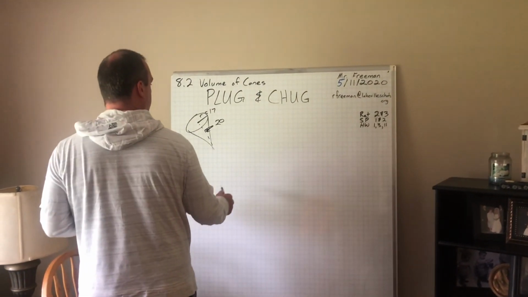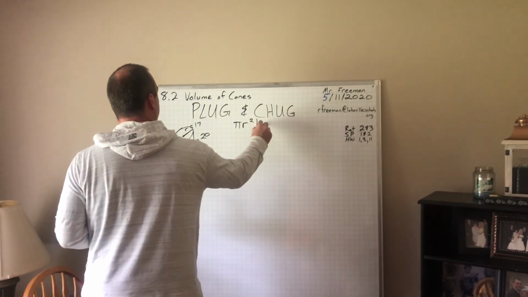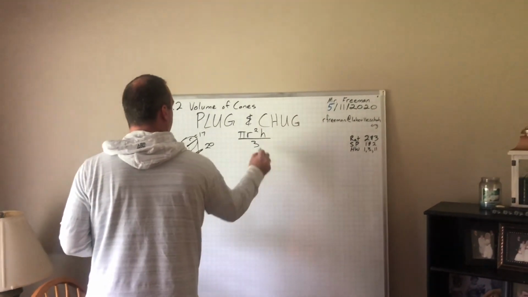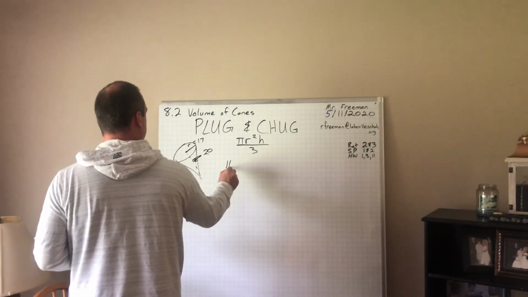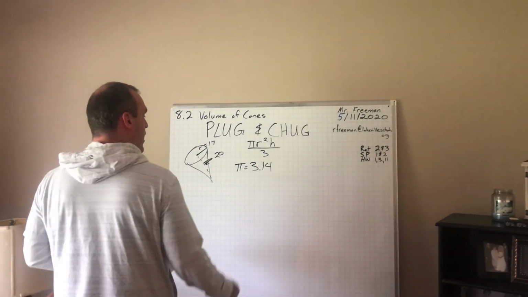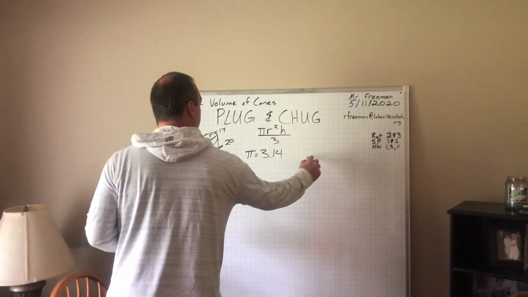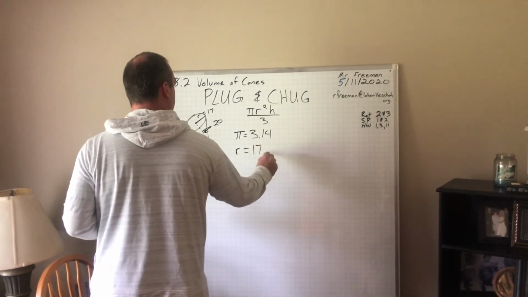We would then say, okay, we've got this formula that I said is pi r squared h, and when we do it, we're going to divide it by 3. Well, pi is always 3.14. Our radius they give us is 17.